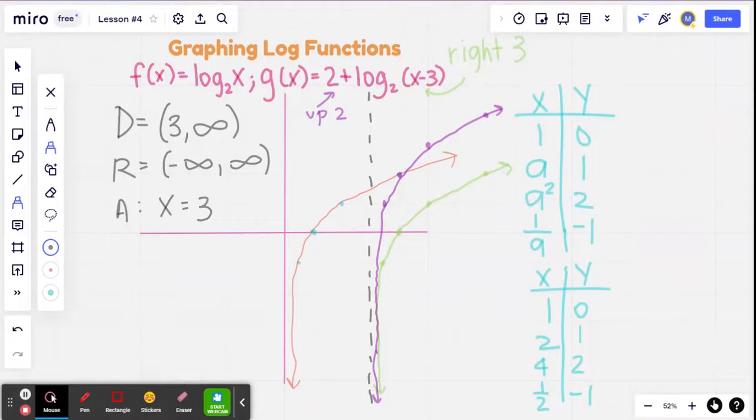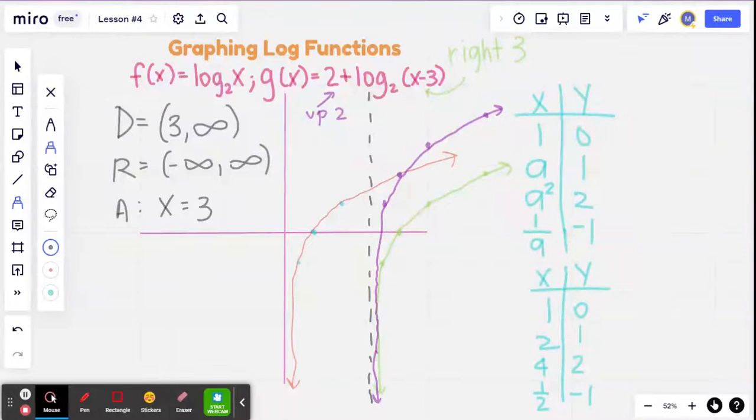In other words, f of x is equal to log base 2 of x. We graph that first because if we look at g of x, that same foundation, log 2 of x, is also in g of x. However, the only difference with g of x is that it has two translations.